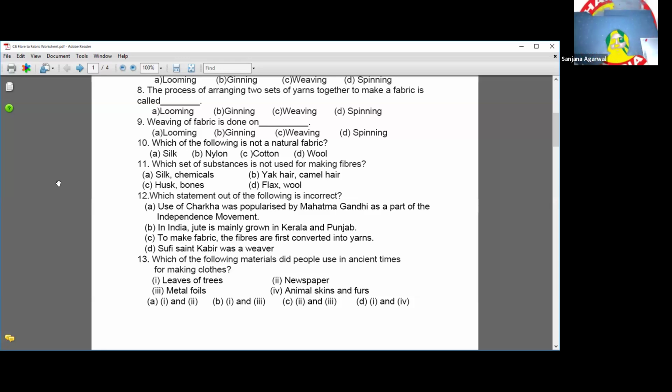Silk with chemicals, we can obtain synthetic fiber. Yak hair or camel hair are also used for fabrics. Husk and bones. Correct. All correct. Bones have no use in making fabrics.